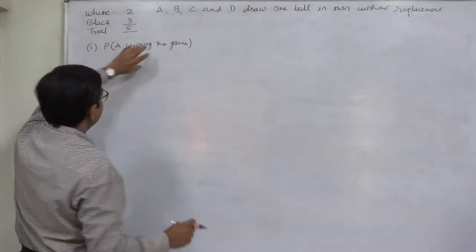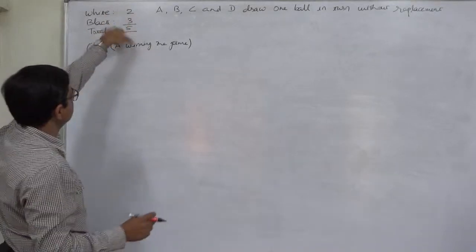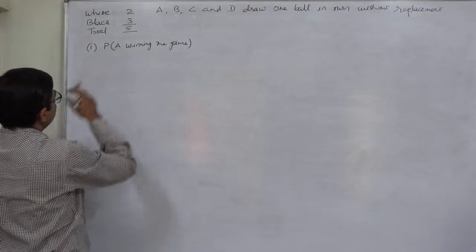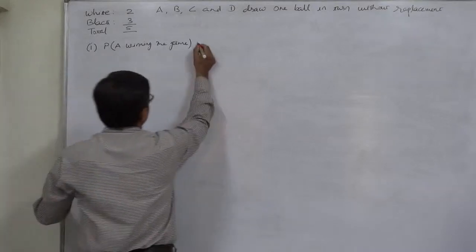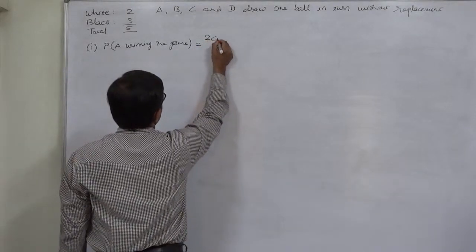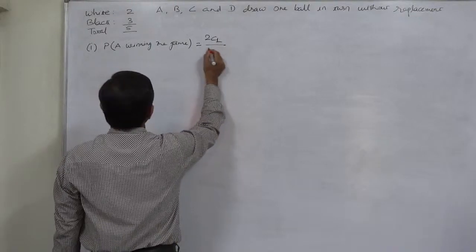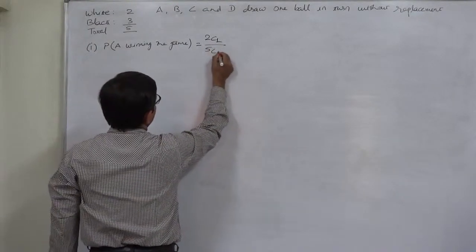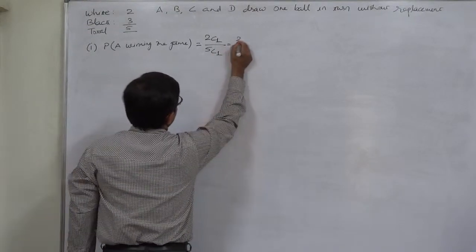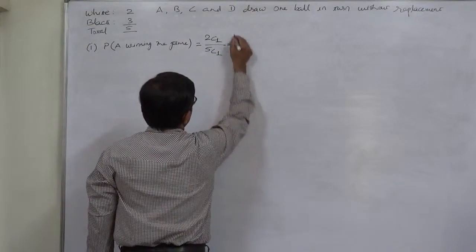A starts the game. There are 2 white balls, 3 black balls and total 5 balls. So it is very easy to calculate the probability of A winning the game: 2C1, 1 out of 2 white balls, divided by 5C1. So it is 2 by 5.